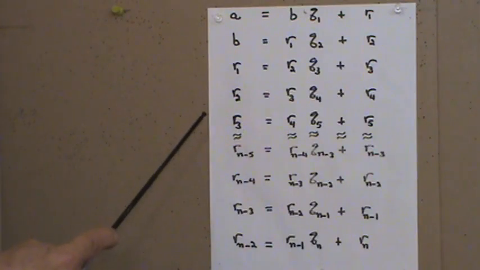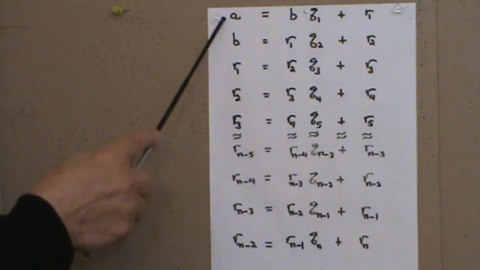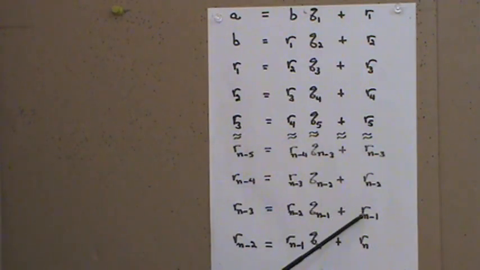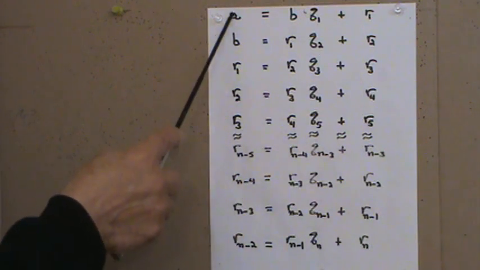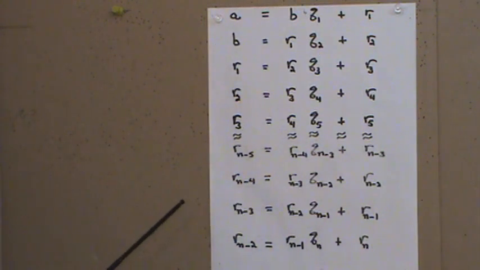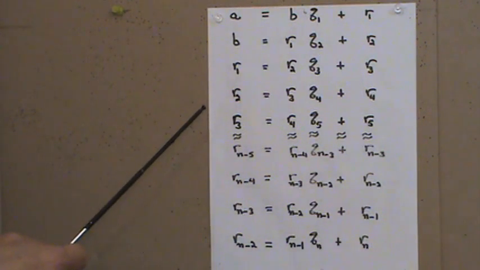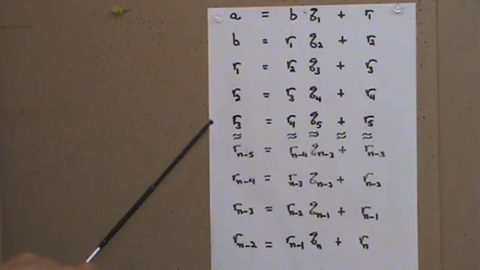So that means any other divisor of A and B will divide this one, R_{n-1}. That means R_{n-1} is the greatest divisor of A and B. So we have proved, we have done a mathematical proof.